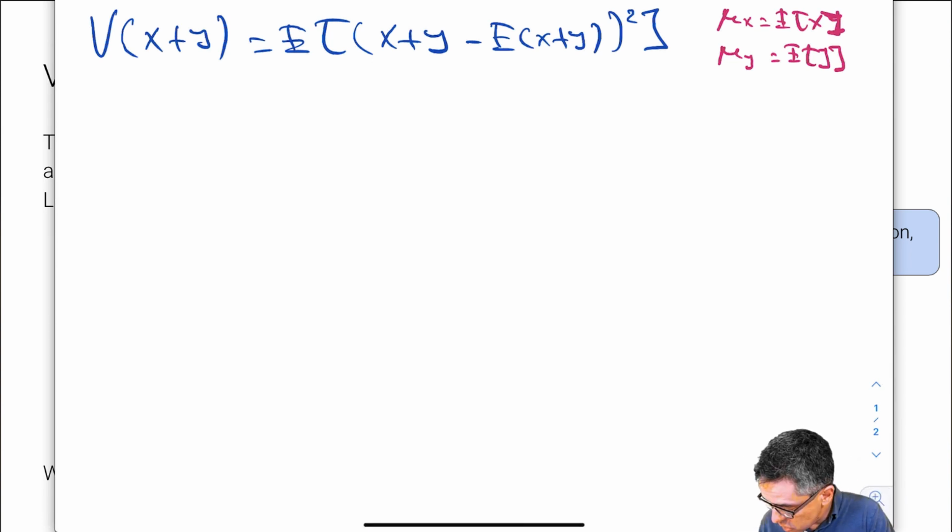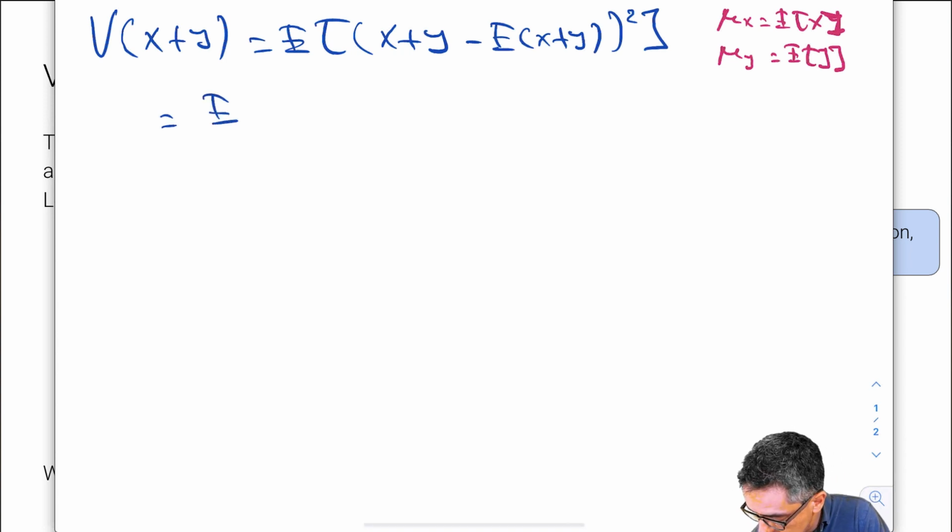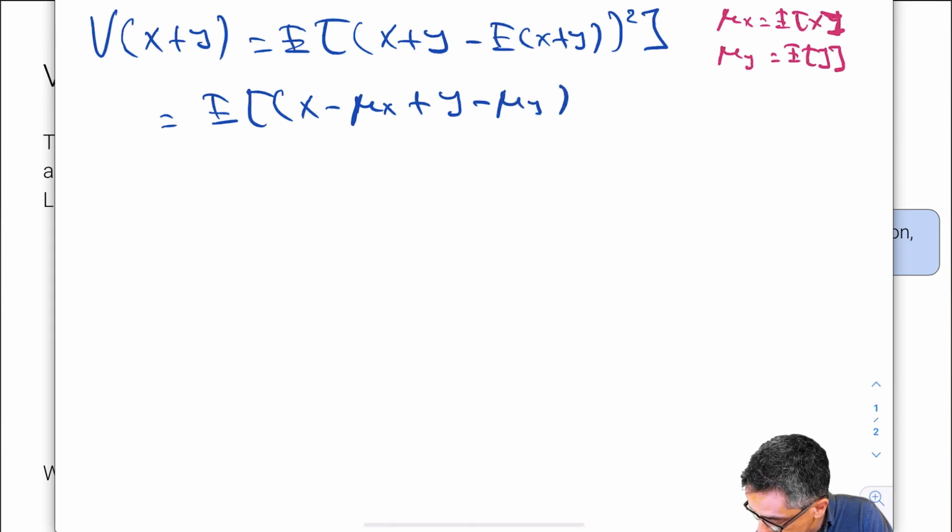With these definitions, this becomes the expectation of (x minus mu x plus y minus mu y) squared. I'm simply replacing these terms by the definitions I just introduced. Now let's expand this square by thinking of it as the square of two terms.